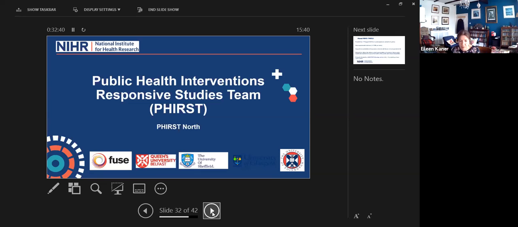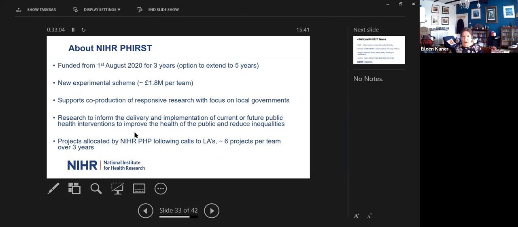And the Public Health Interventions Responsive Studies team is a really new kid on the block, and it's a terrible name. And I apologise, it's not a name of my making. But you can see on the left hand of this slide, FUSE, this network of 5 local universities interested in public health with its practice partners, is a member of one of these things called a FIRST. It was only designated last year, and it's a very experimental scheme.